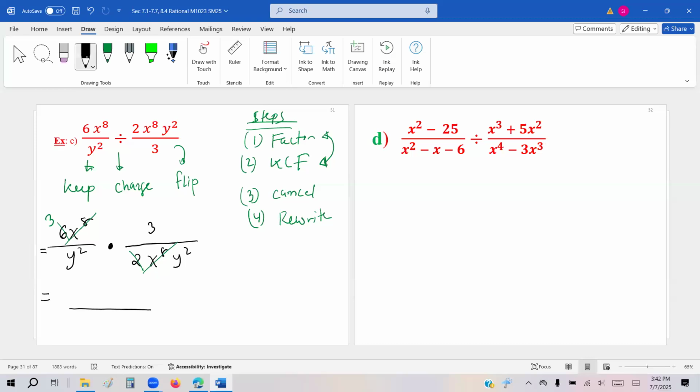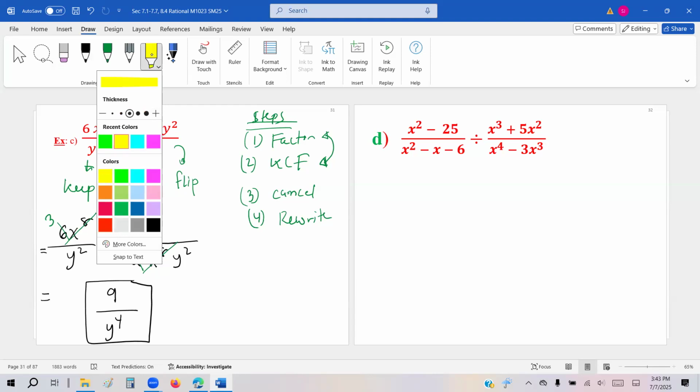So we multiply 3 and 3, we get 9. And we multiply y squared with y squared. Good, y to the 4. Let me show you what I multiplied.